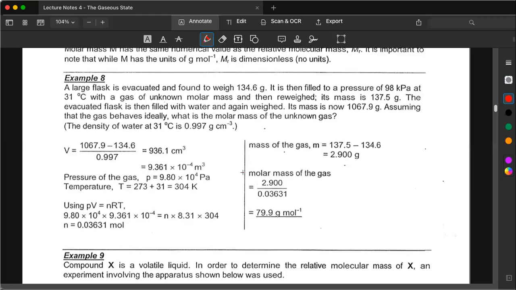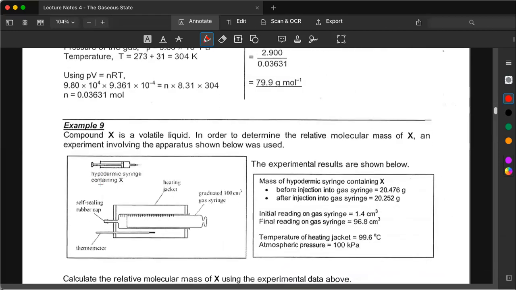All right. So after you get 2.9 gram, you divide by the number of moles of the gas. So the molar mass was 79.9 gram per mole.